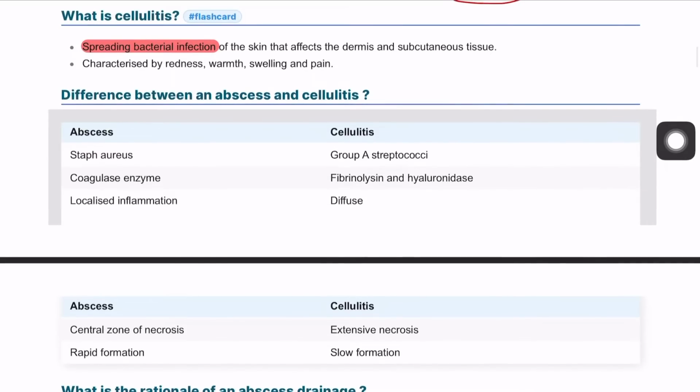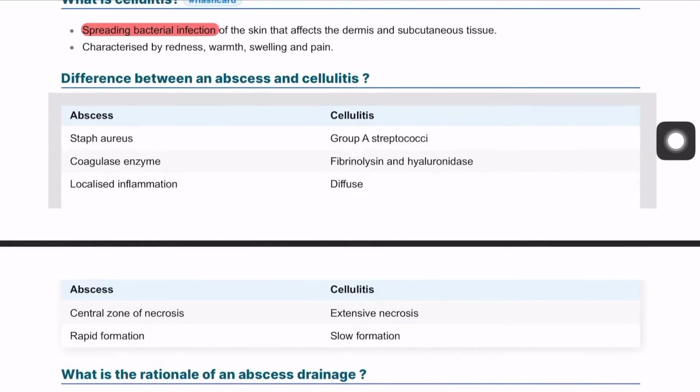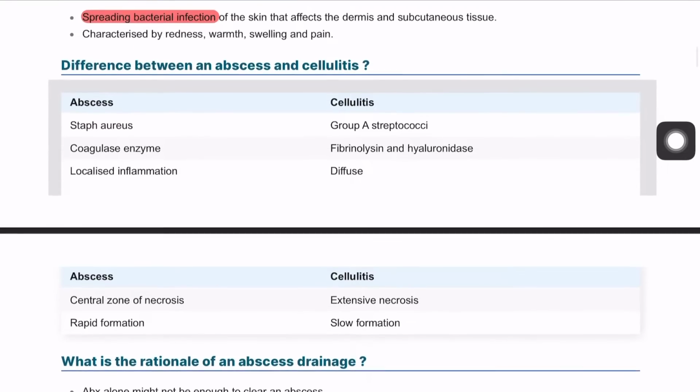So, how to differentiate between cellulitis and an abscess? As we said, the main definition is that an abscess is localized, and the other one is diffuse or superficial spreading inflammation or infection. Okay, the commonest organism for abscess is Staph aureus, but the commonest organism for cellulitis is Streptococci.